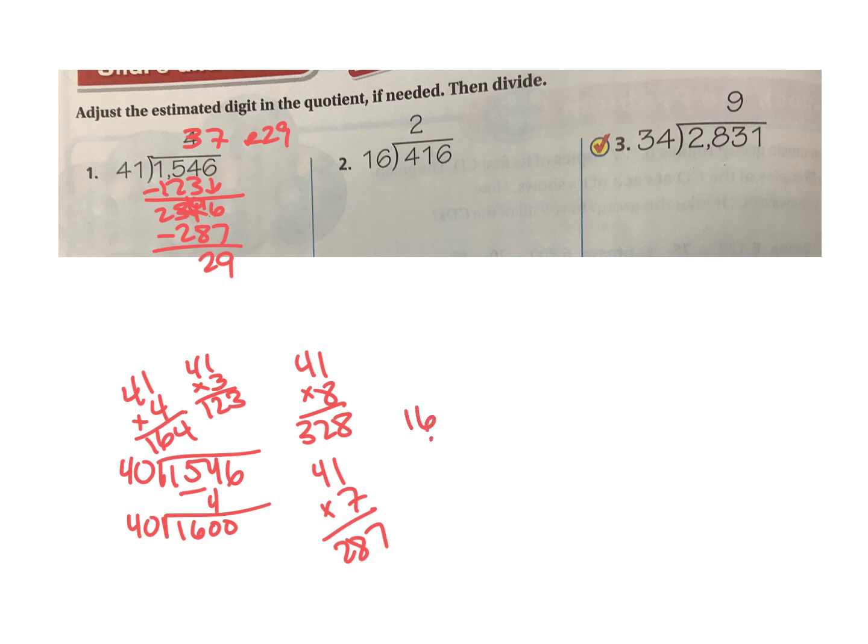Let's do 16 times 2 to see if that is, in fact, going to be a 2 here. 2 times 6 is 12. 2 times 1 is 2, and 3. That's 32, and I'm getting to 41. It's only 9 away, not 16 away. So that's as many as I can fit. So that's correct. 16 times 2 is 32.